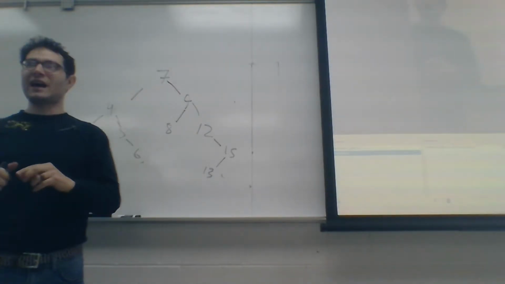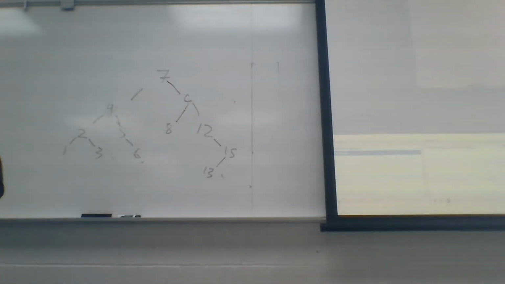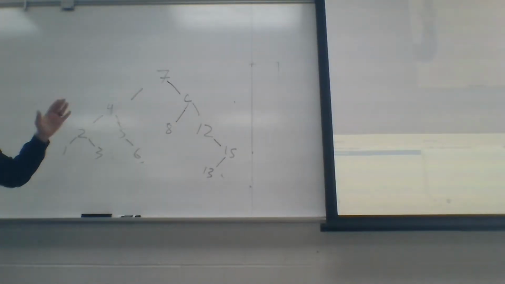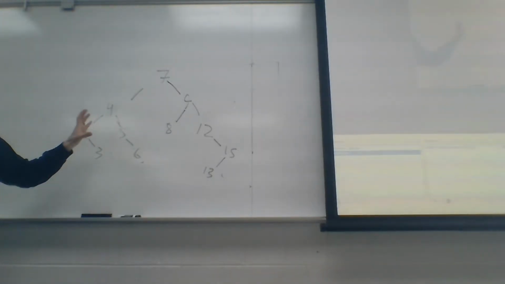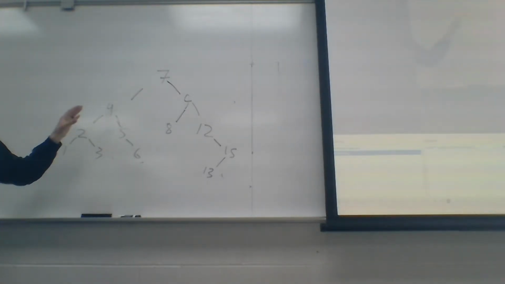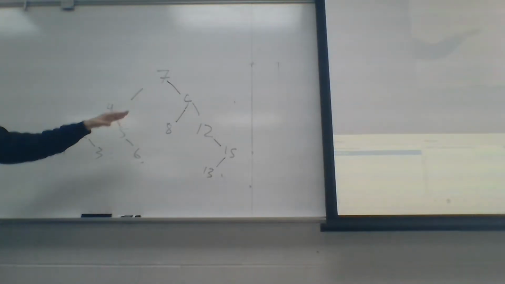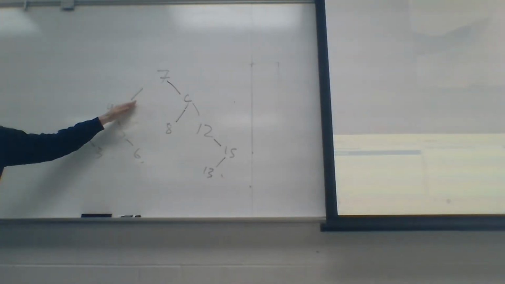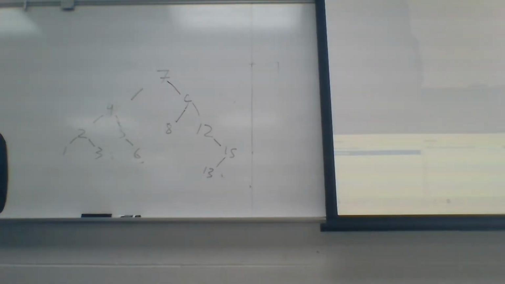Now, you might think that's a pretty tricky task, to find the biggest thing that's smaller than me. And the answer is it's actually kind of easy to do. You go into your left subtree, right, because that's where all the things that are smaller than you are. And to find the biggest thing that's smaller than you, you step into your left subtree, and then you go as far as you can to the right.